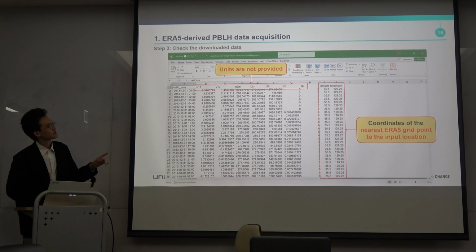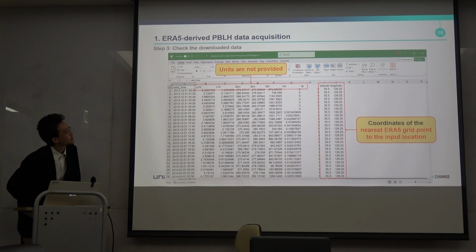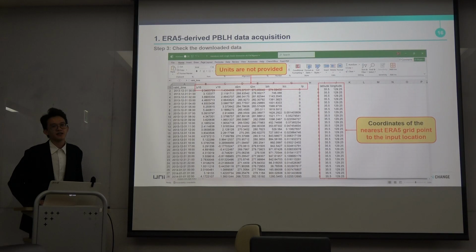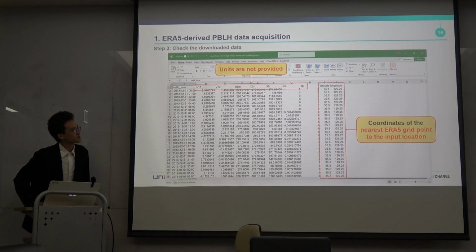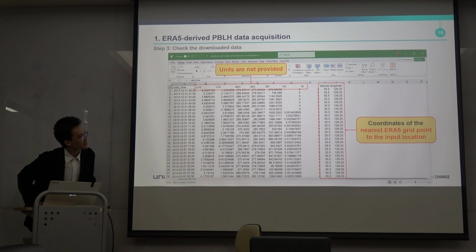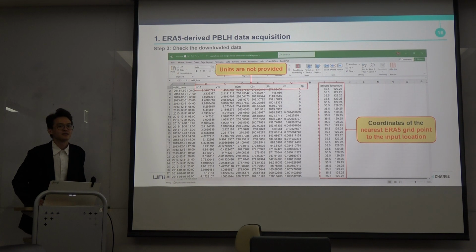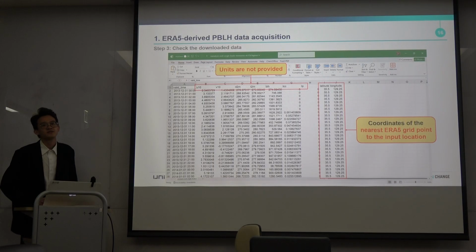If we look at the last two columns, they are longitude and latitude, but they are not the coordinates of the Yongnan station that we input in the earlier steps. Instead, it is the nearest ERA5 grid point to our input location that was automatically selected by ERA5.